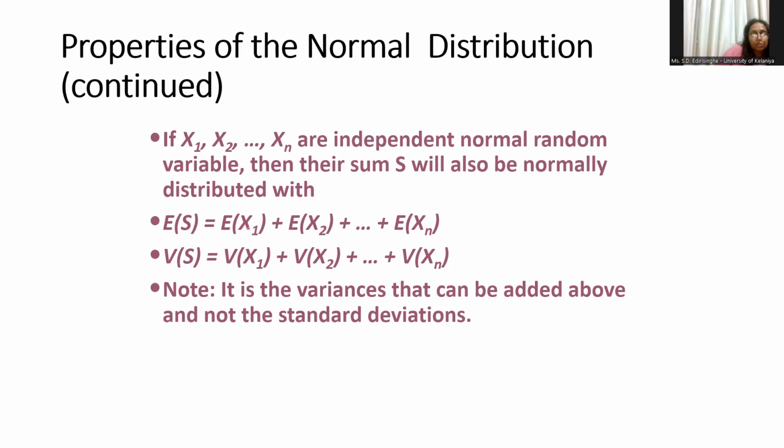That means expected value of x1, expected value of x2, expected value of xn likewise. Variance is the same. V(x) means variance. In the case of variances, when they are independent, we can add the individual variances. They are properties.